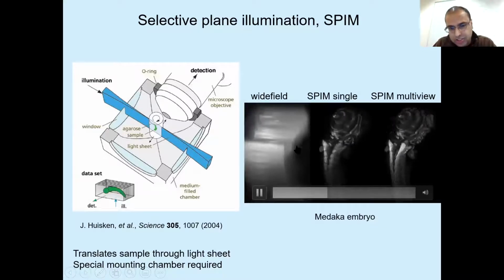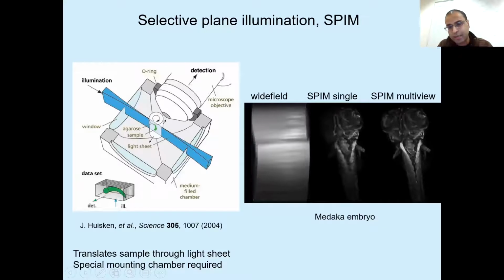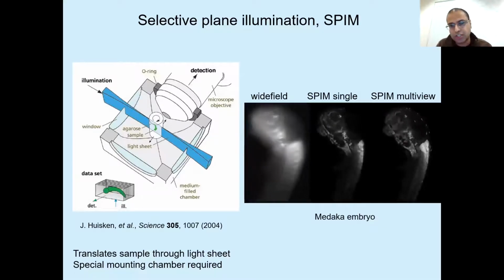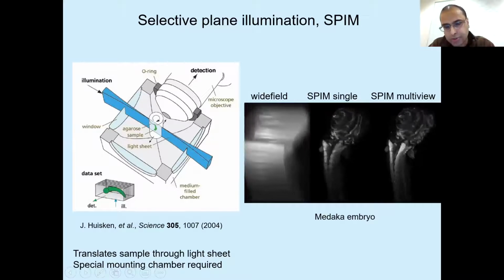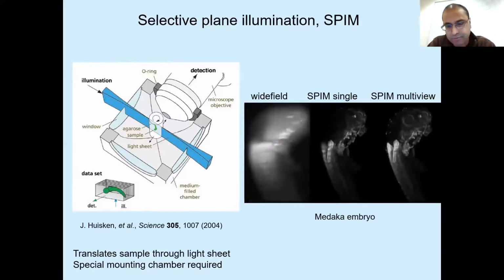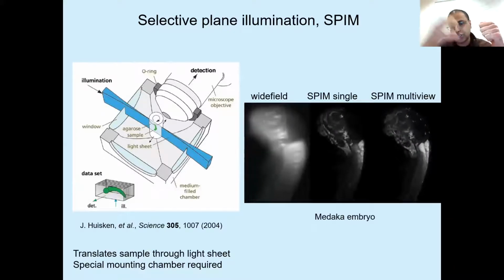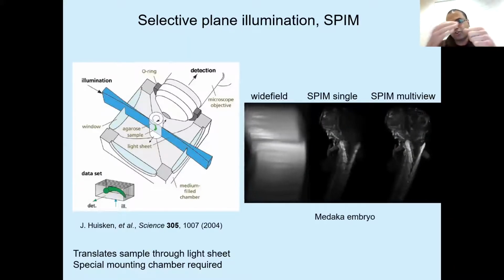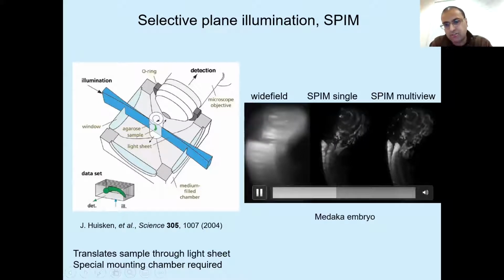And if you look at those images of the fish in a widefield microscope, the fish is big enough and densely labeled enough that the lack of optical sectioning gives you just a garbage image, as you can see here, right? There's very little contrast in the image. On the other hand, in his selective plane illumination microscope, by translating the sample through the light sheet and acquiring one image for every position of the translation, he could build up this beautifully optically sectioned volume.